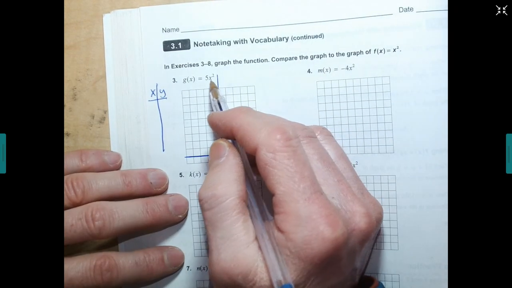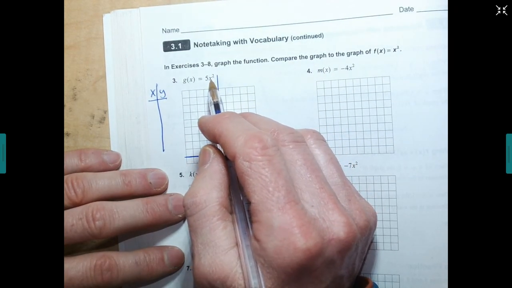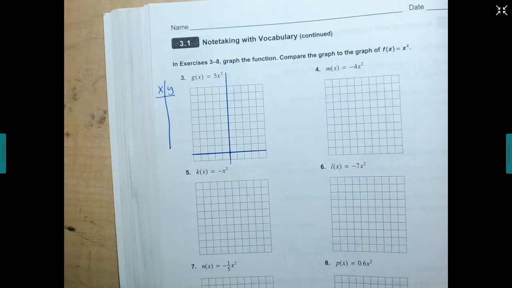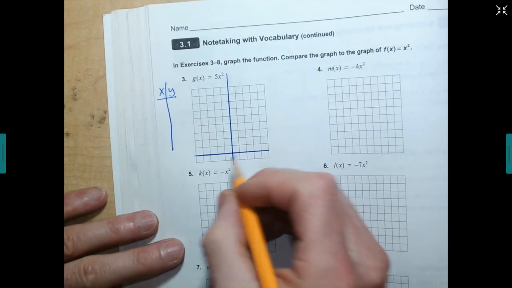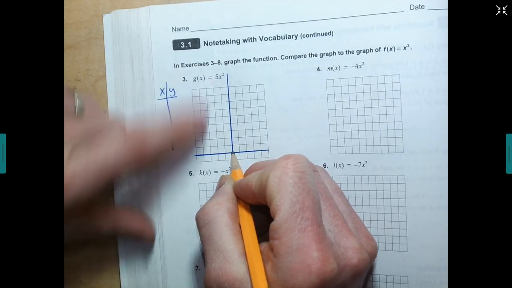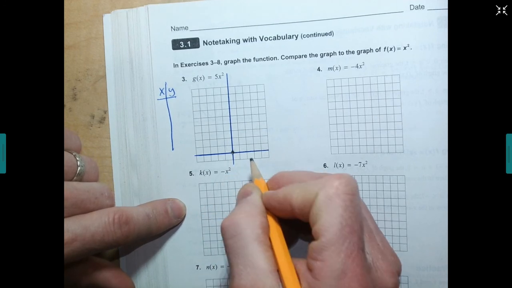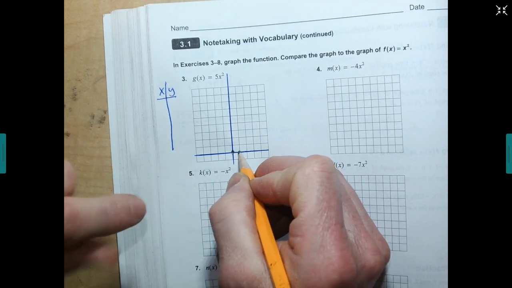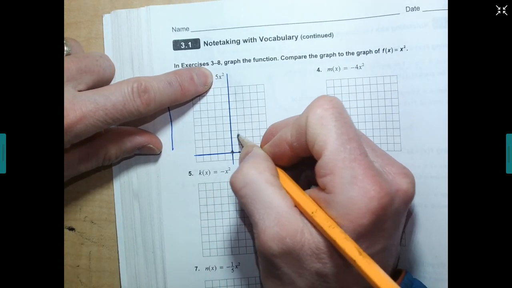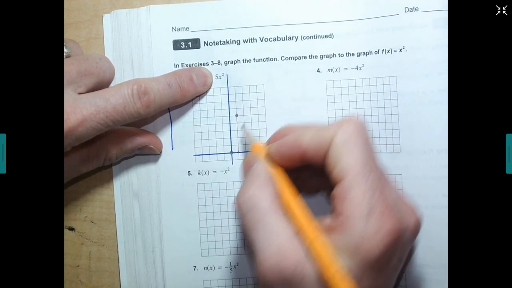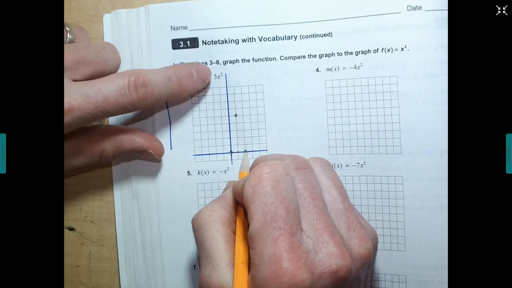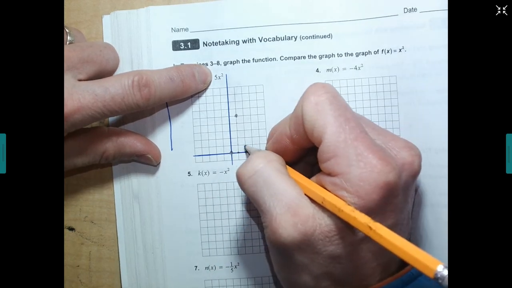So here's what it is. It's 5 times x squared. So I put my pencil on 0, pencil because it's math. So x is 0. 0 squared is 0 times 5 is 0. Okay, 1. 1 squared is 1 times 5 is 5. 2. 2 squared is 4, 4 times 5 is 20.